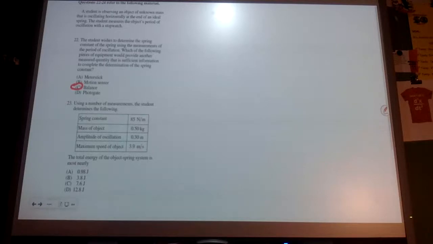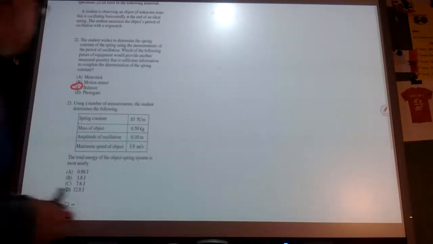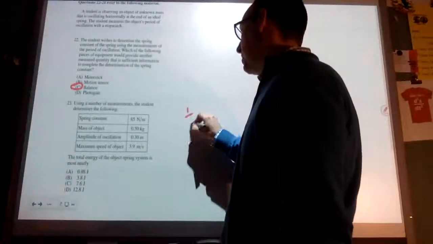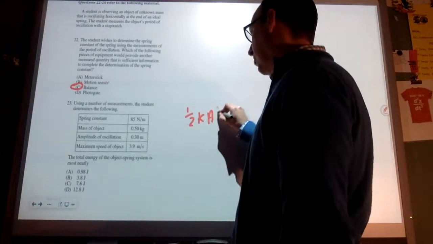Using a number of measurements, the student determines the following. The total energy of the object's spring system is most nearly, so we know our spring constant and our amplitude, so we could use that to get our total energy.